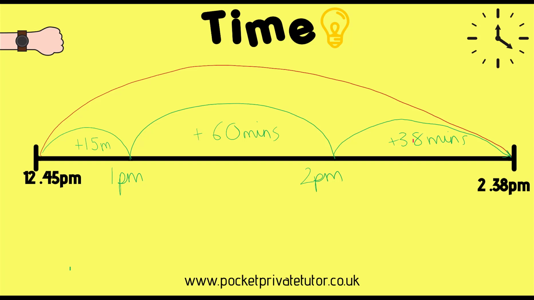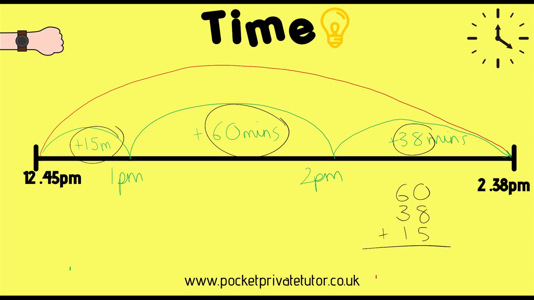So the final thing we need to do is to add the 3 numbers together. So our final thing would be to add 15, 60 and 38. So 60, 38 and 15. 0 plus 8 plus 5, it's 13. 6 plus 3 is 9, plus 1 is 10, plus 1 is 11.